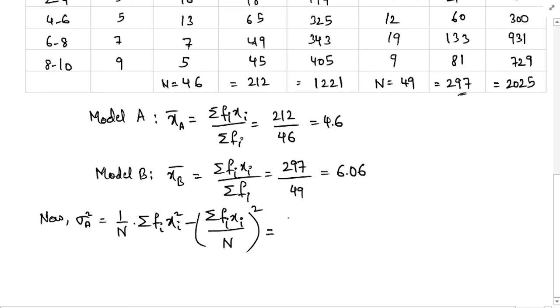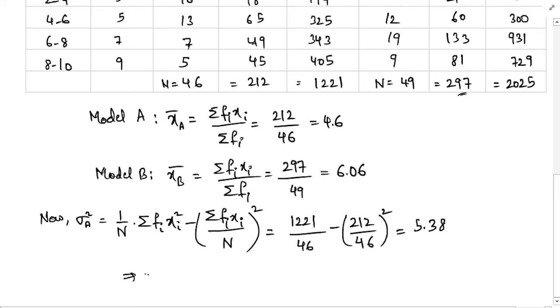Here it is 1221 divided by 46 minus 212 divided by 46 whole square. So that is equal to 5.38.